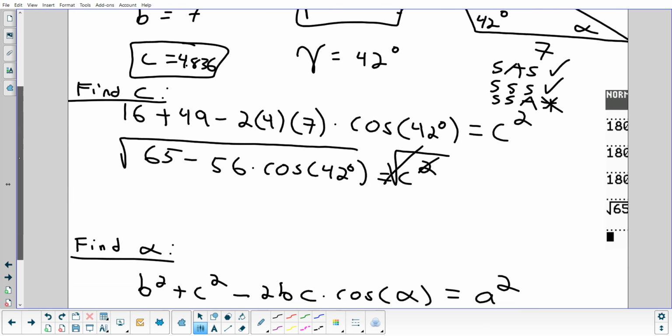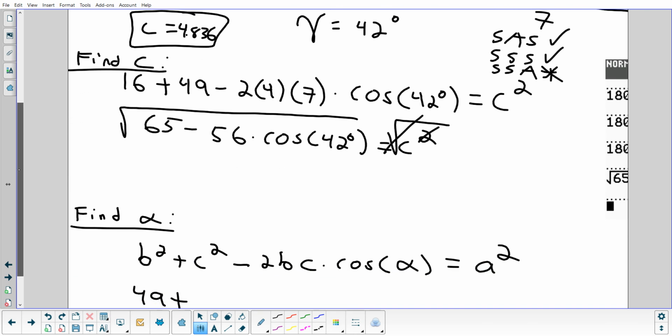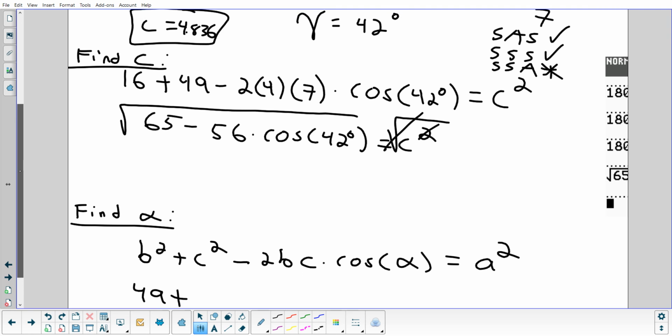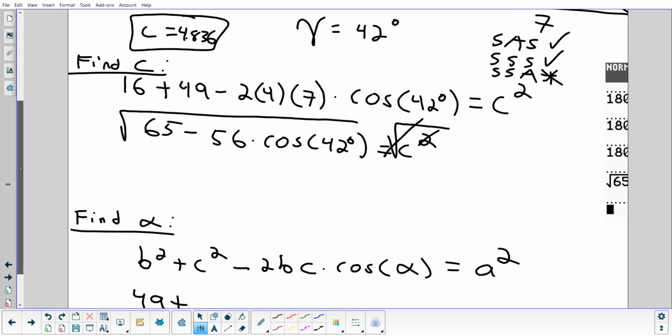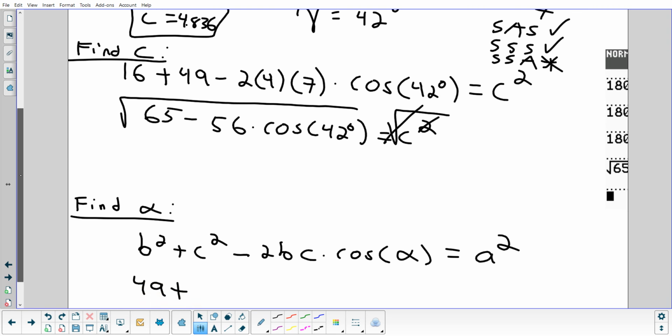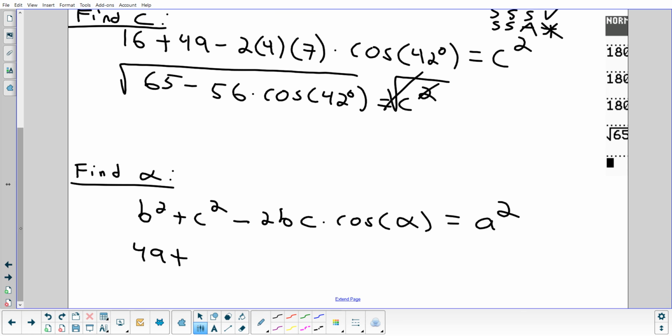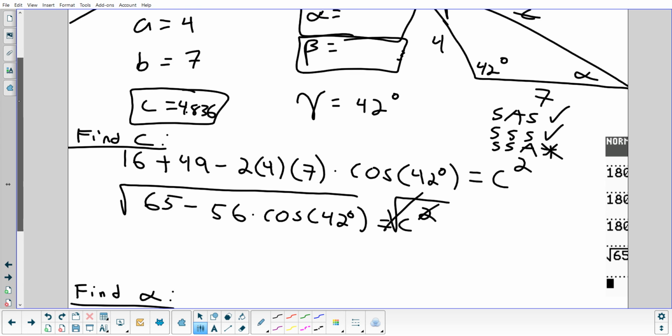C squared, I can figure that out. 4.836 squared. Or can someone just tell me what 4.836 squared is? Probably about 23.386. Now I'm going to need 2 times B times C. So if someone can do that, that'd be helpful.